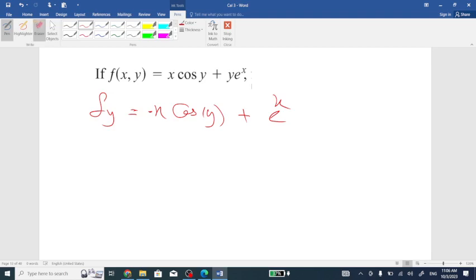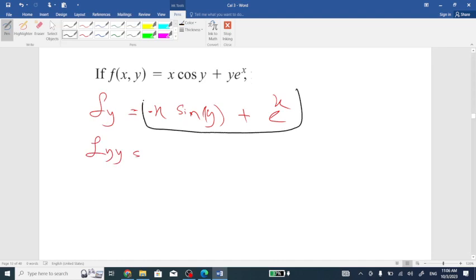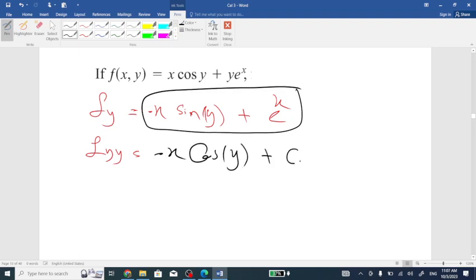Sine, of course. Thank you. Tamam, that's good. Any question? Good. How about fyy? It means the derivative of here again by y. So minus x is a number, sine of y becomes cosine of y. E to the power x, 0. Easy.